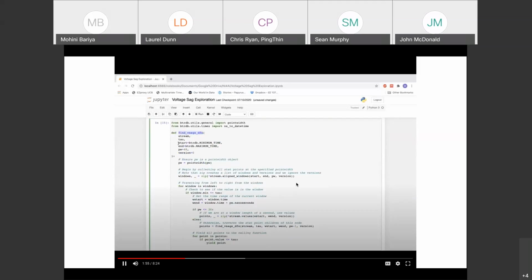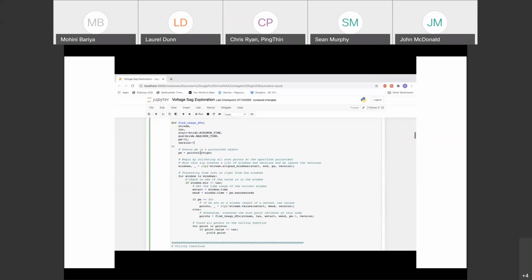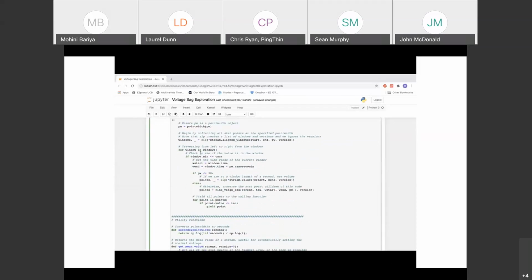The arguments to the function are just my start and end times that I'm going to be looking over, and this is the point which Chris discussed. It tells me the resolution, the level in that tree at which I'm going to be looking for some data. The function is not very long.